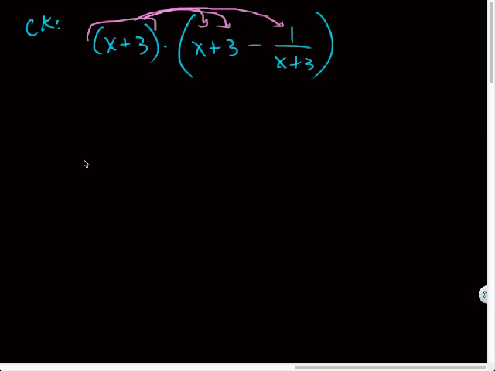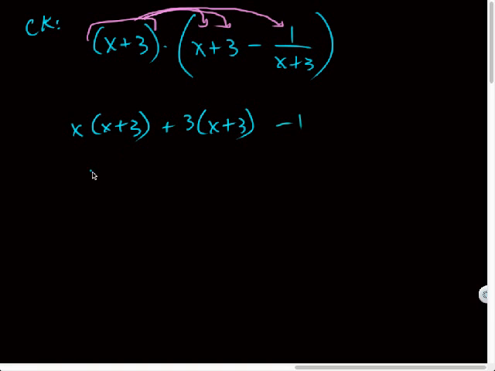I know this is kind of weird, but I would get the following. x plus 3 times x, I'll just write as x times x plus 3. x plus 3 times 3 would be 3 times x plus 3. And what do I get when I multiply x plus 3 times this fraction? This and this would cancel out. We'll do some more crazy canceling like that later on in this chapter, and I'd have just the negative 1. Okay?